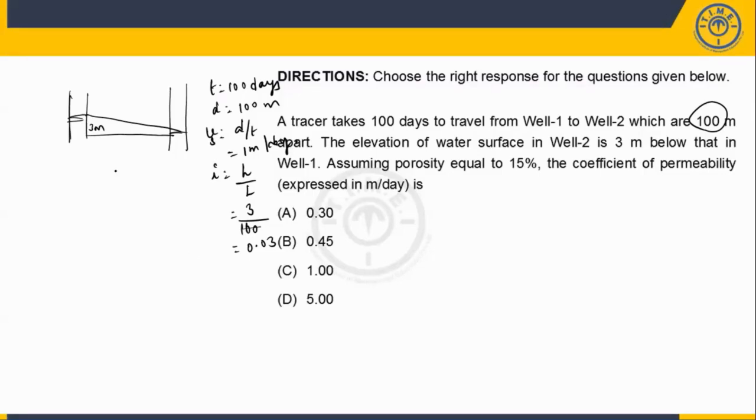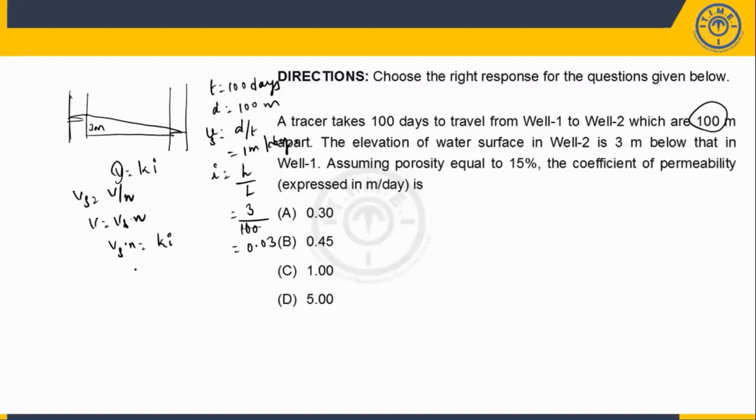From Darcy's law, we can write V equal to Ki. But we also know the seepage velocity Vs is equal to V by n. So V can be written as Vs into n. Instead of V, I am substituting Vs into n, that is equal to Ki.